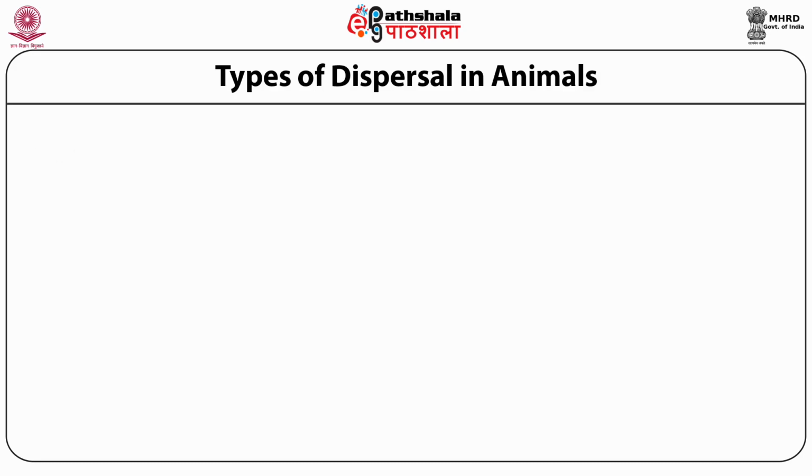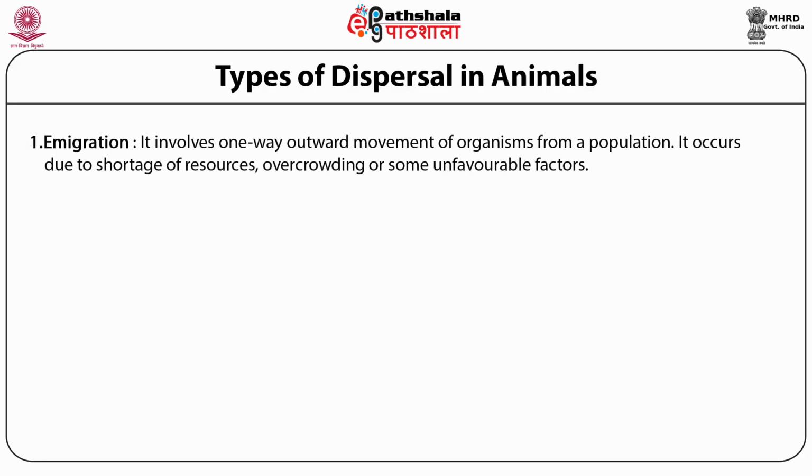First is emigration. Emigration involves one-way outward movement of organisms from a population. Emigration can occur due to shortage of resources, overcrowding, or some unfavorable social or physical factors.